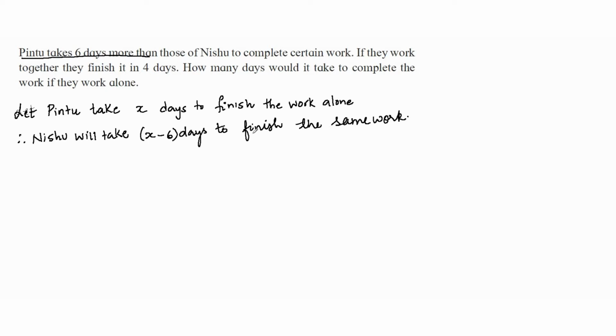If they work together, they finish it in 4 days. Since Pintu takes x days to finish the work alone, I definitely cannot add the number of days, because that makes no sense. If someone takes 2 days and another person takes 8 days, adding these gives 10 days, which is against our logic.